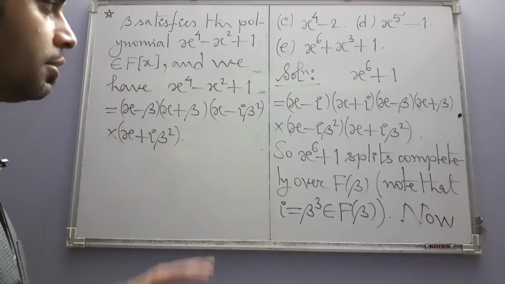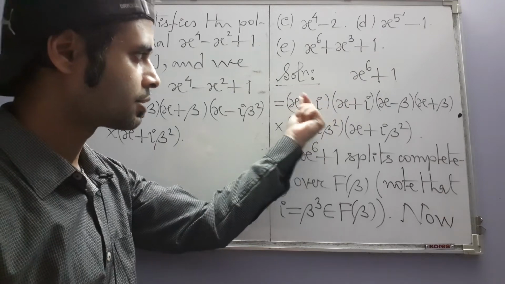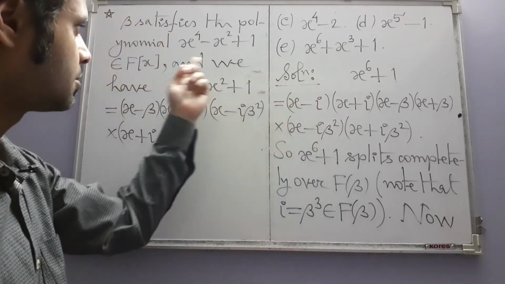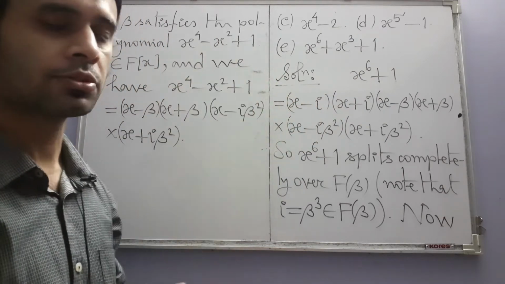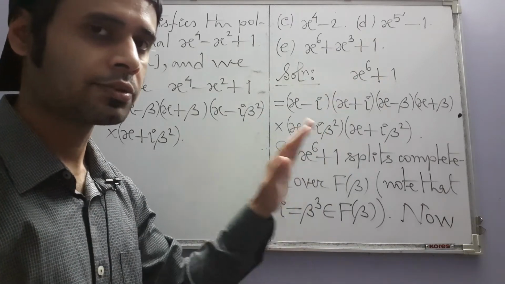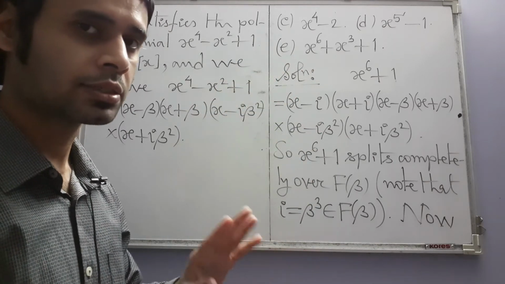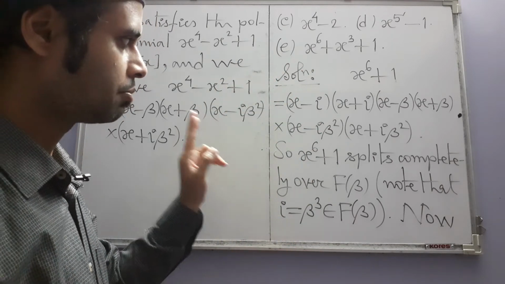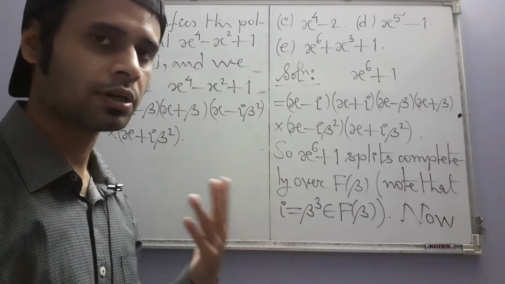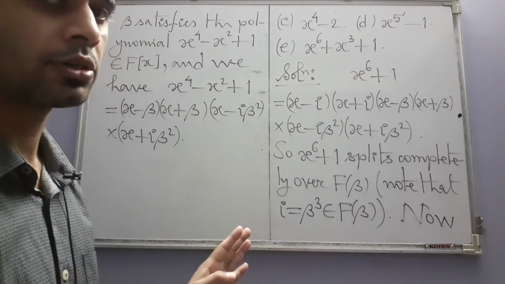In other words, x to the power 6 plus 1 is x square plus 1 times x to the power 4 minus x square plus 1. That is, x to the power 6 plus 1 has a factorization as a product of two lower degree polynomials, none of which is constant, but both of them are over the field of rational numbers. That's why this is reducible over Q, not irreducible.